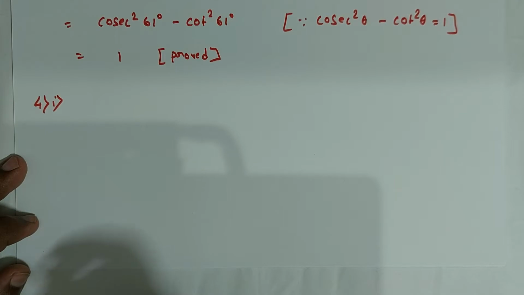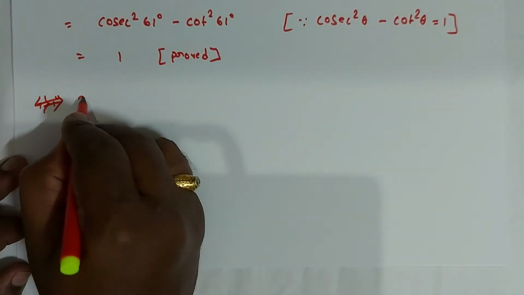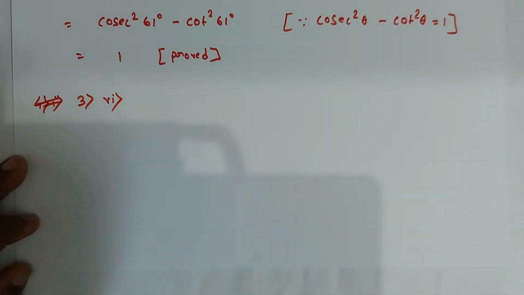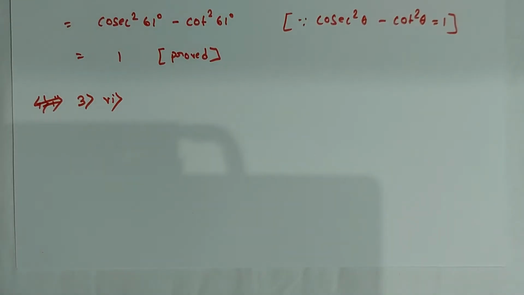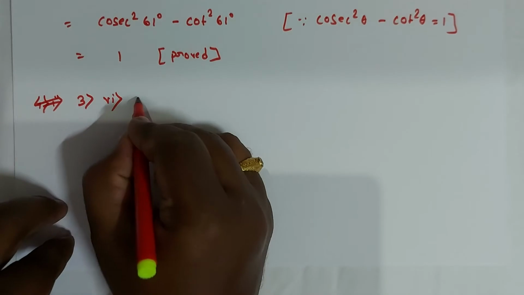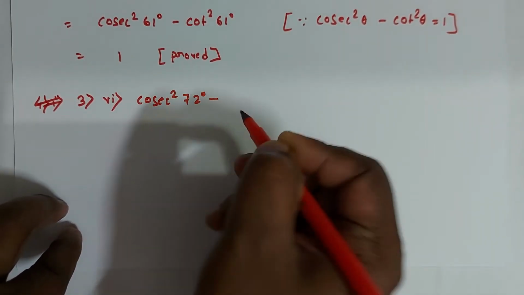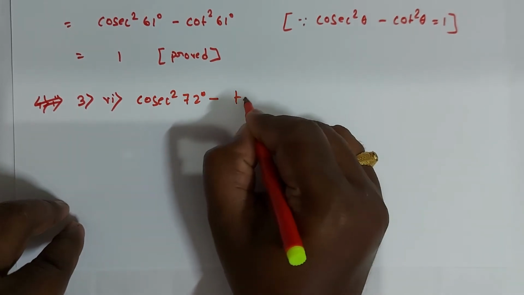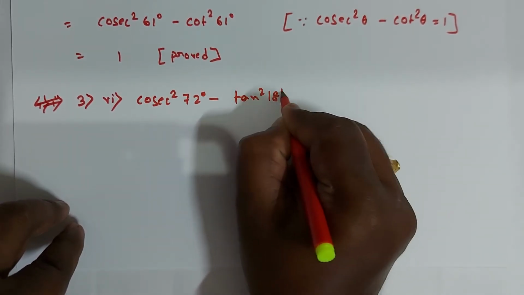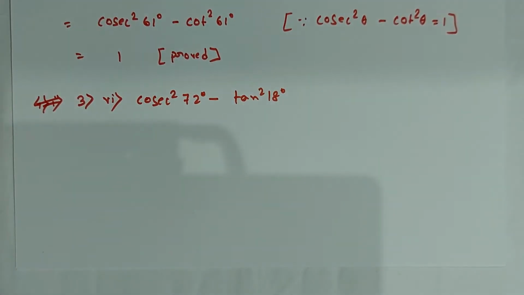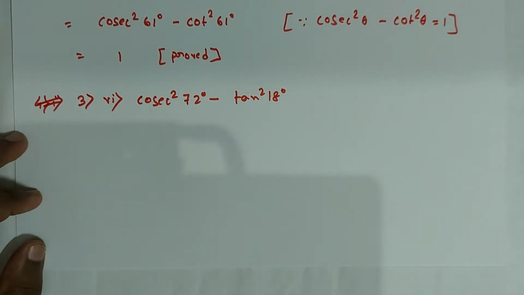Before that we can also solve this question. The question is cosec square 72 degree minus tan square 18 degree. We need to prove it equals 1.